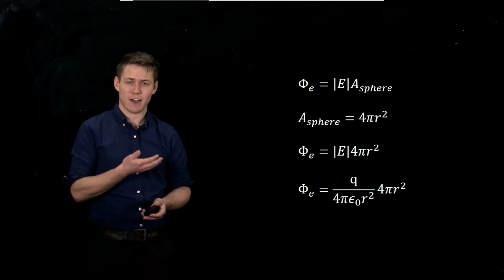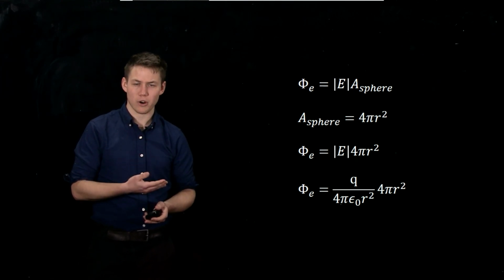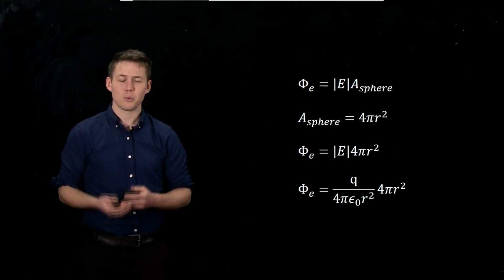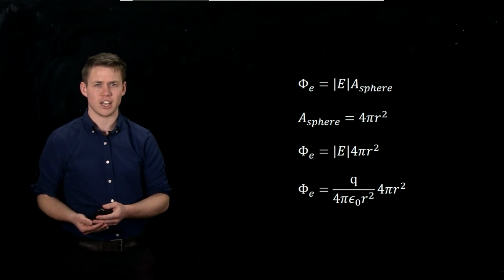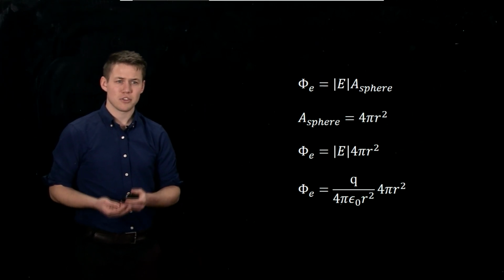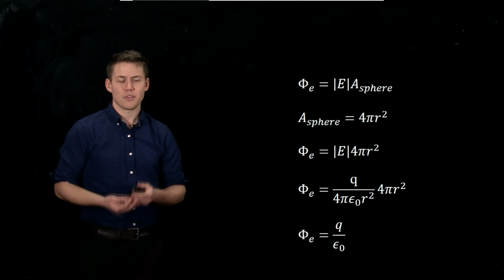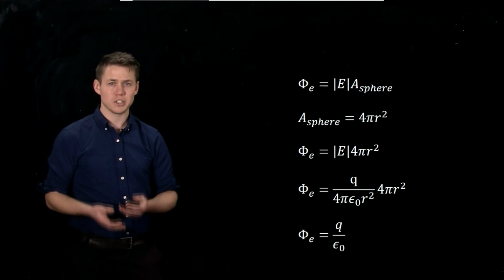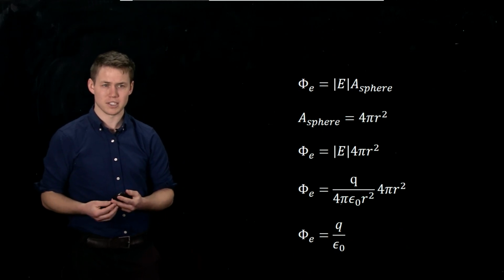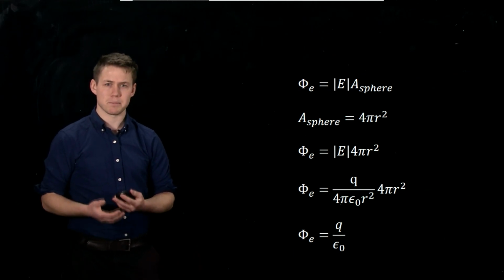And so we now have the r squared on the bottom and also a 4 pi on the bottom, which is going to cancel with the 4 pi r squared coming from the area of the sphere. So if we simplify this a little bit, the flux through that sphere is just given by Q, which is the charge of the point particle at the center, divided by epsilon naught.